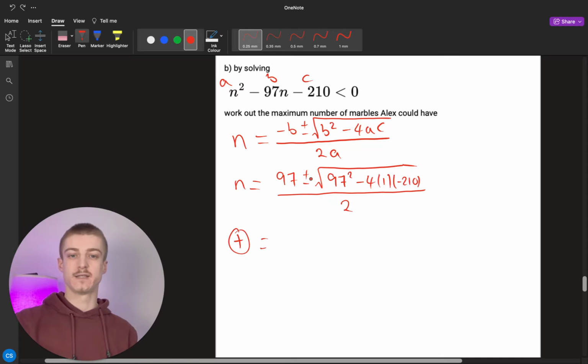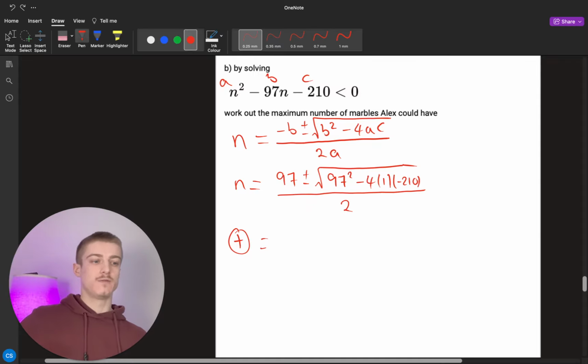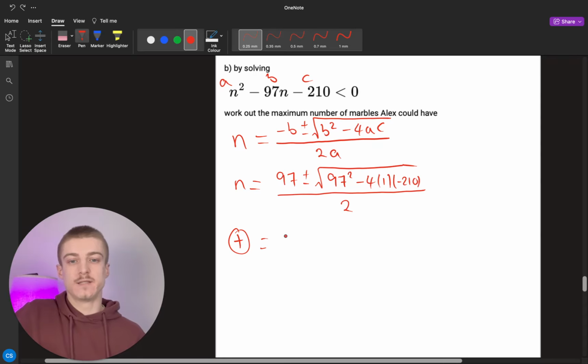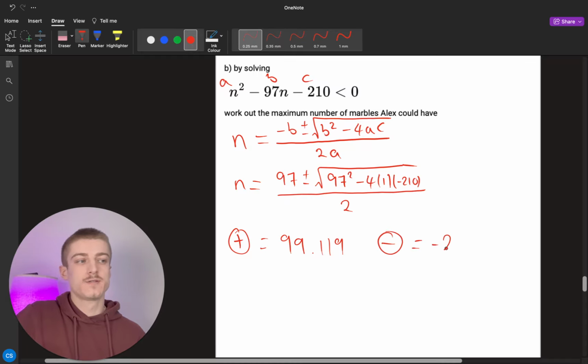Well, we had a total number of marbles that Alex had in an algebraic expression here, 3n plus 15. So let's plug our 99, our maximum here, into that expression. 3 times 99 plus 15. This becomes, in your calculator, 312 marbles. The maximum number of marbles that Alex could have.